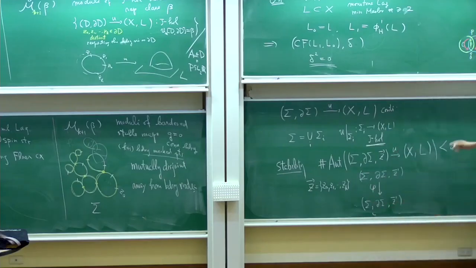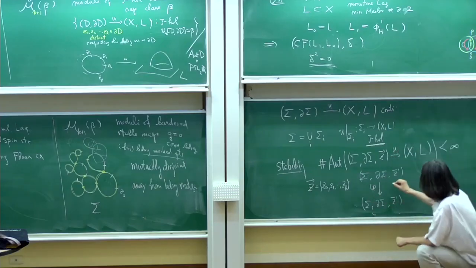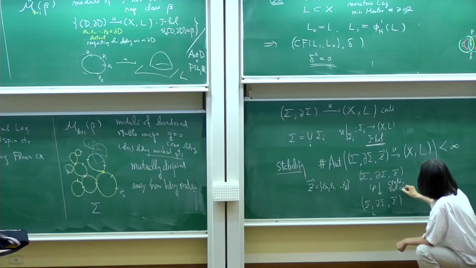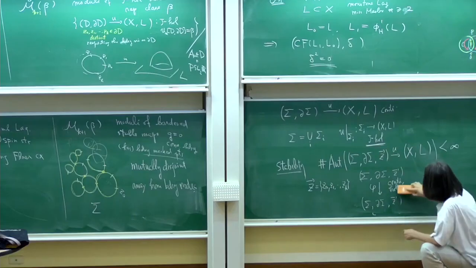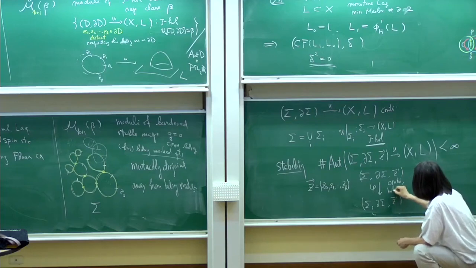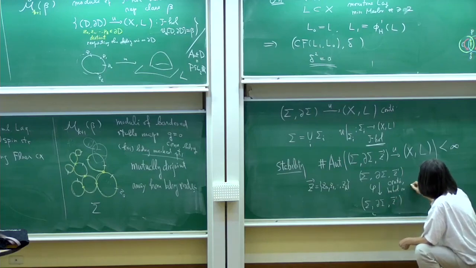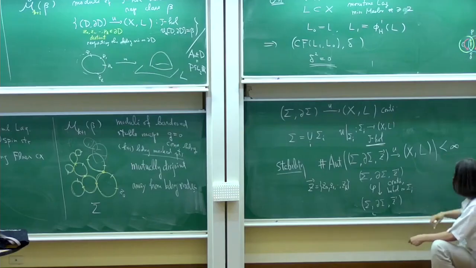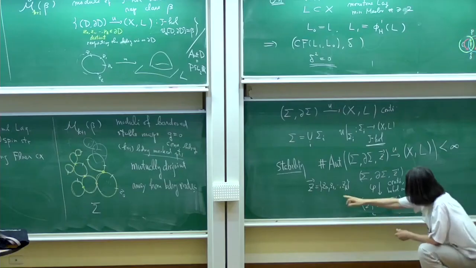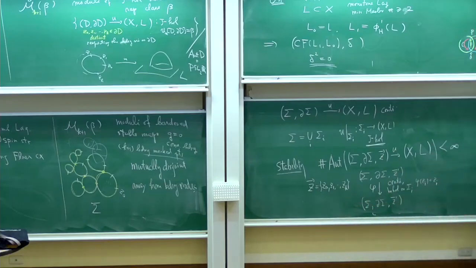So phi is continuous and biholomorphic on each component sigma i, and phi of z_i is equal to z_i. So these points are preserved by this.